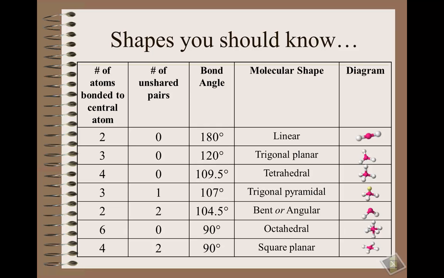If we go to a 4 to 0 ratio, you might think, well, okay, then we're going to split 360 degrees by 4, which will give you a bond angle of 90 degrees. But 90 degrees is really close, or really constrained, for electron clouds. They really don't want to be that close. So what happens is those charged clouds actually repel each other and force the molecule out of plane.